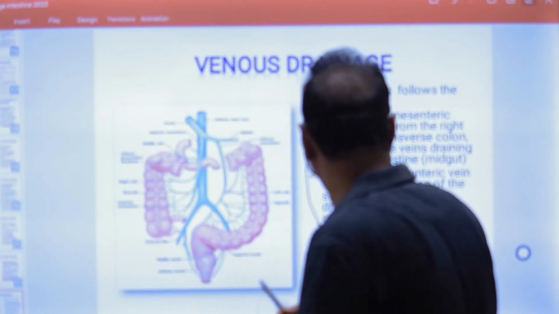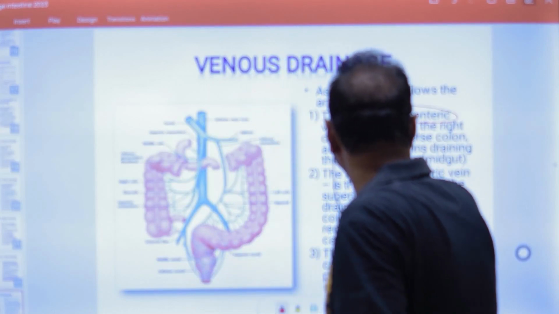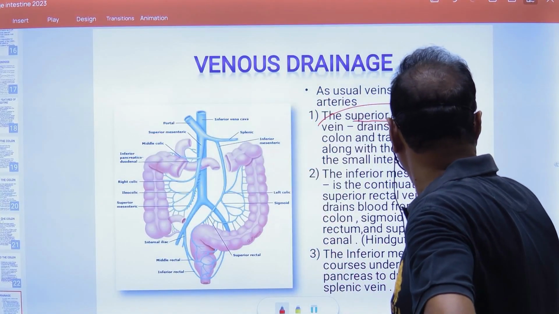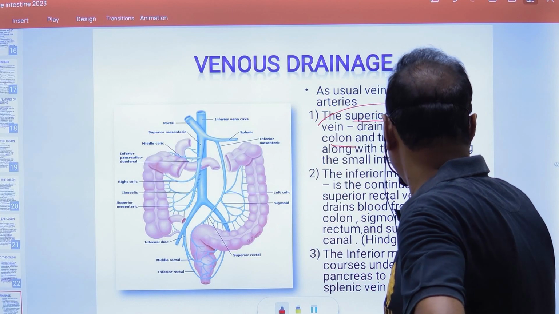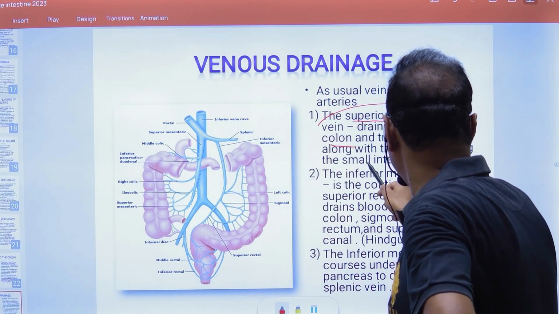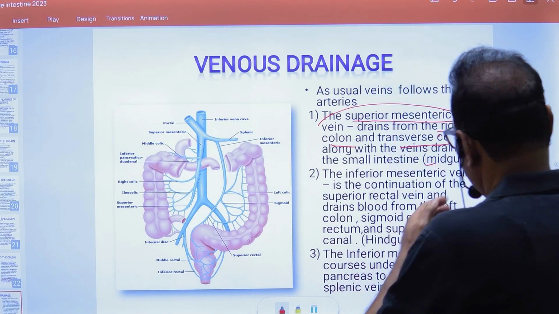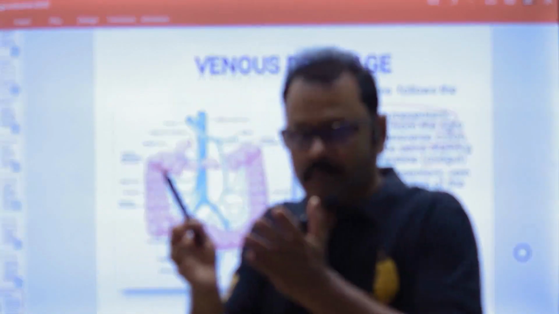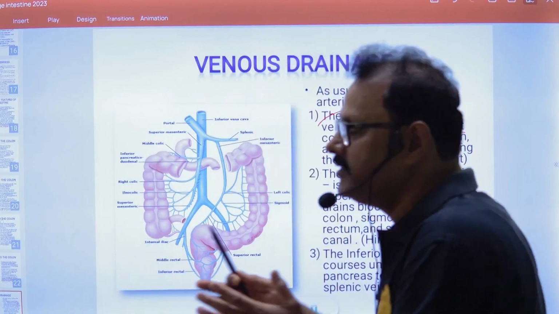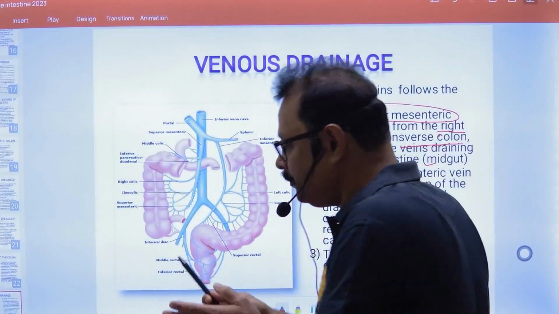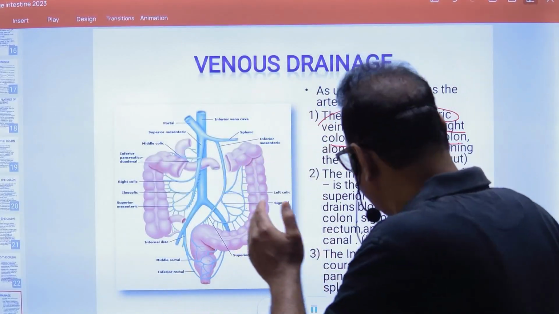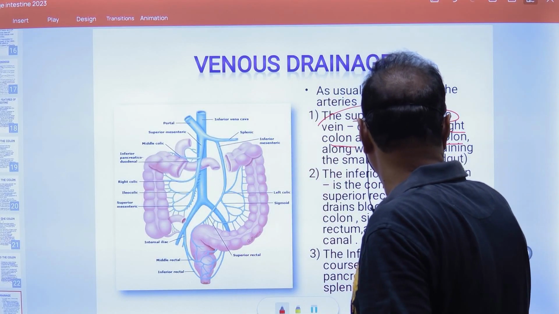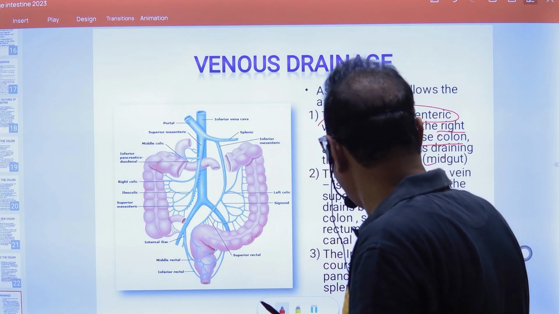The important point is that the superior mesenteric vein will drain the right colon and transverse colon, along with the veins draining the small intestine, the midgut region: the cecum, the ascending colon, two thirds of the transverse colon, and the branches from the small intestine.